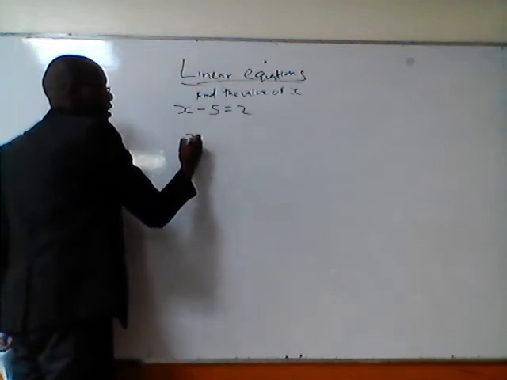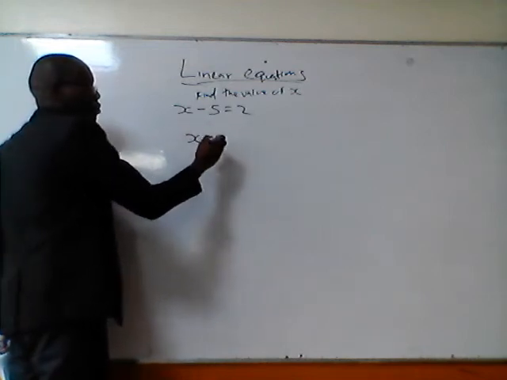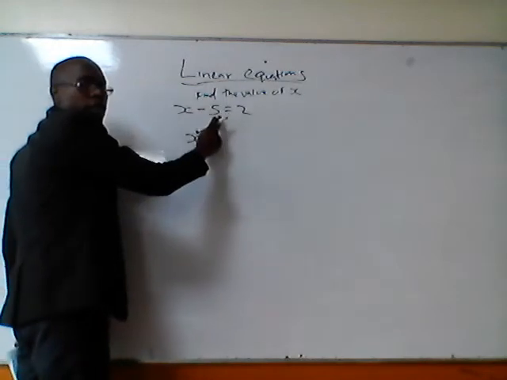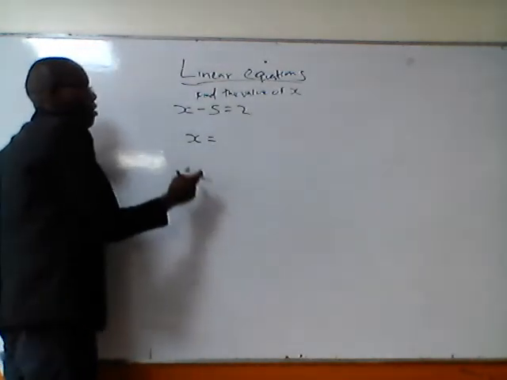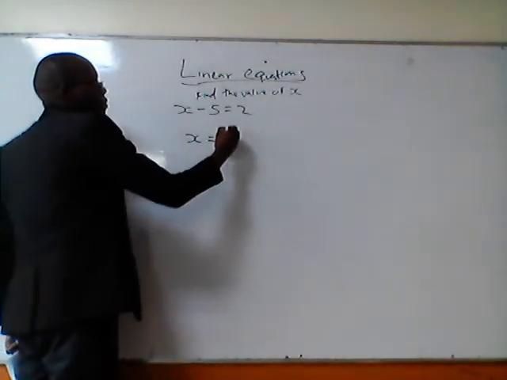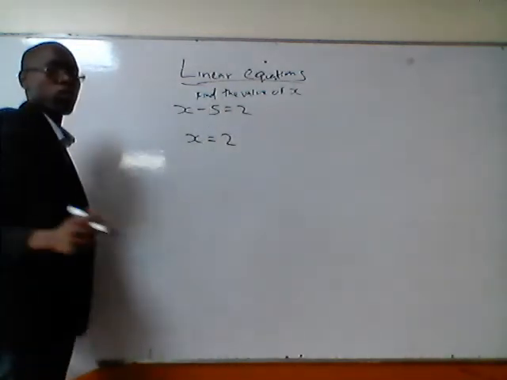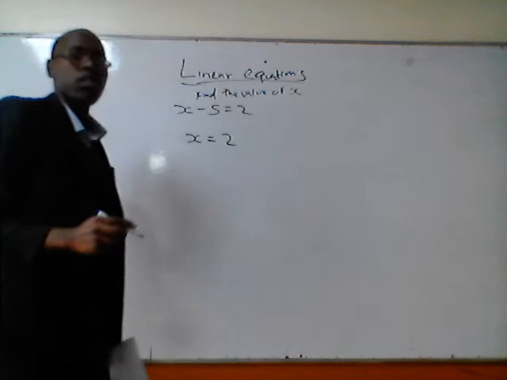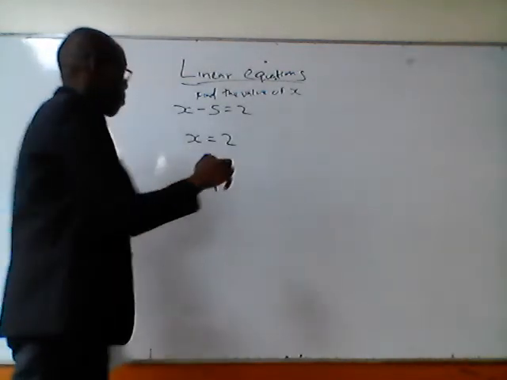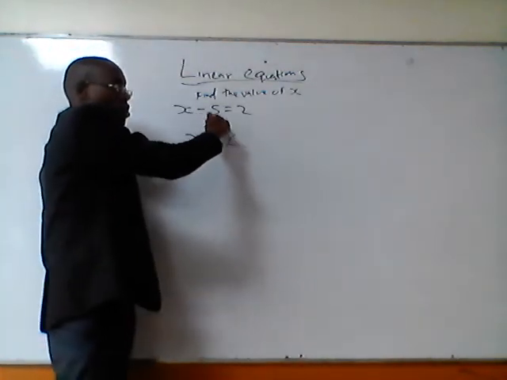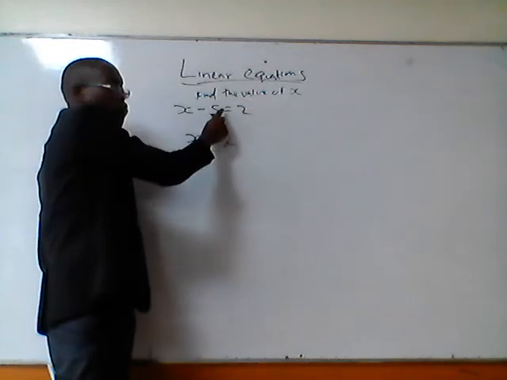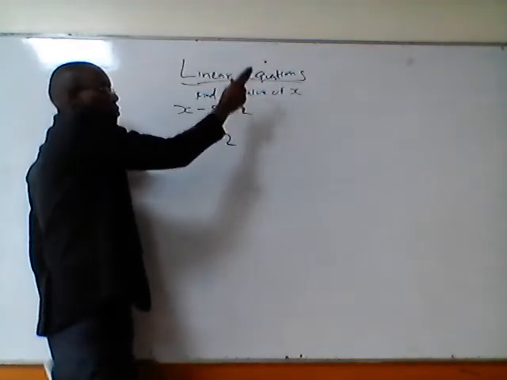We are going to have x is equal to, remember this is x minus 5 is equal to 2. So it's going to be x is equal to 2, because whenever a negative crosses the equal sign, it becomes a positive. The moment this negative 5 crosses over the equal sign, it's going to be a positive.